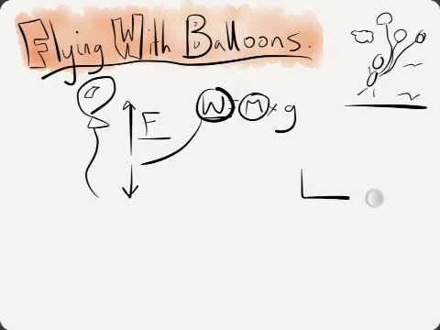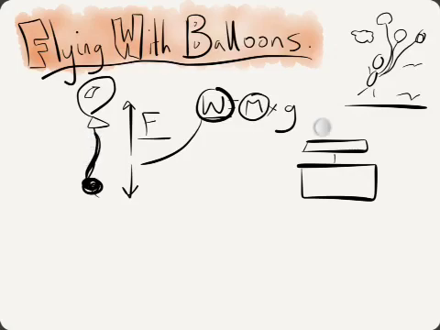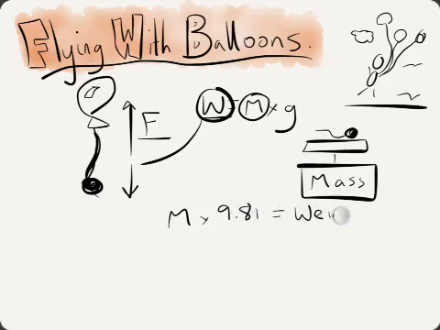So we popped it on some scales, we took the blue tack and the string that was pulling downwards, and we weighed that string and blue tack. Once we knew the mass, we could use mass times 9.81. That would tell us the weight acting downwards.